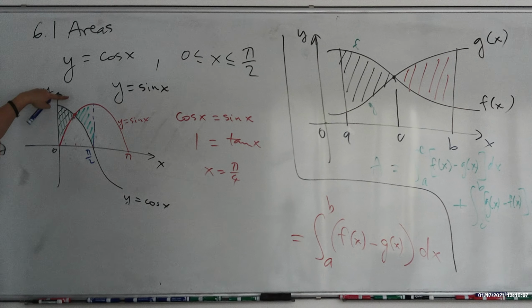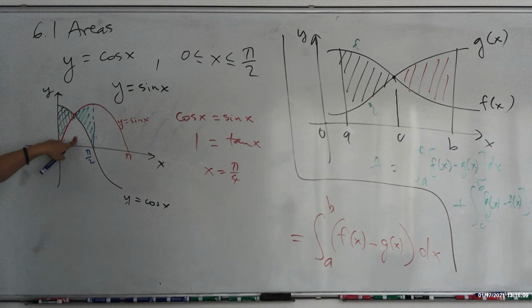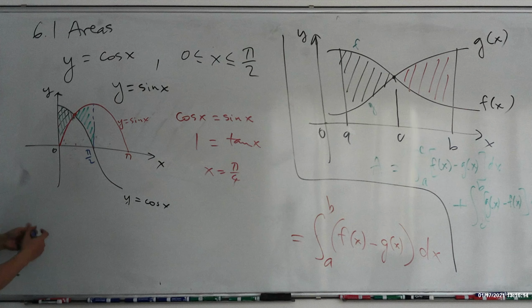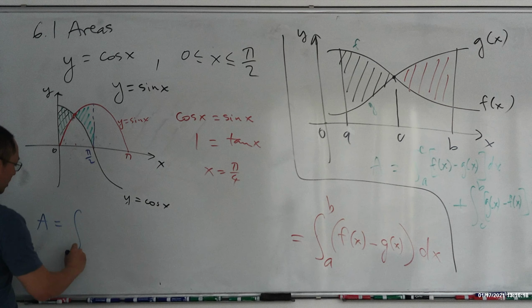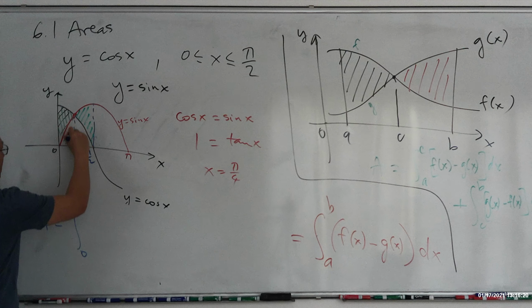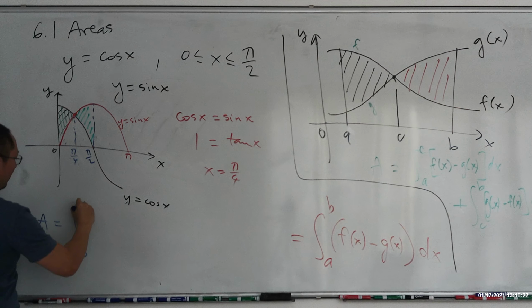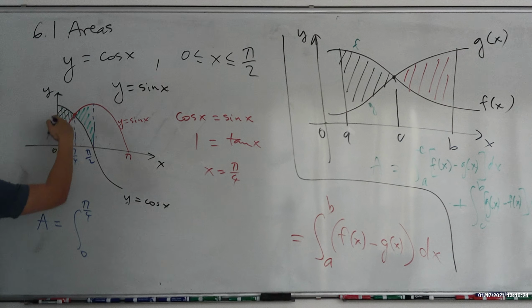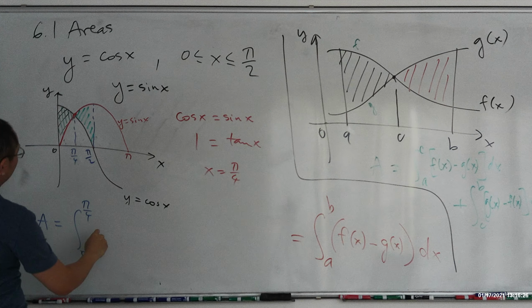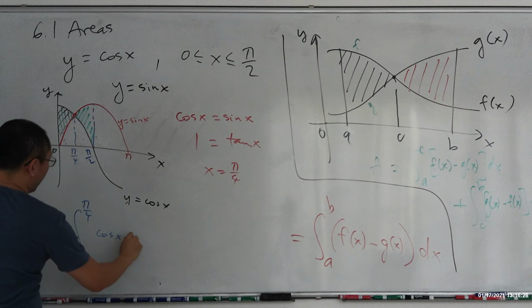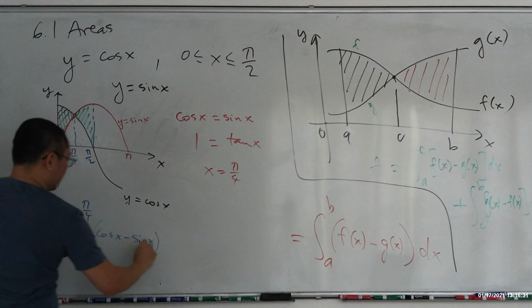Okay? So you see what? In the first part, cosine is on top, sine on the bottom. In the second part, sine is on top, cosine on the bottom. So we're going to have two integrals. The green area is going to be what? The first part is the integral from 0 to pi over 4. I think we have that before. Take the upper one, subtract the lower one, which is cosine of x minus sine x dx.